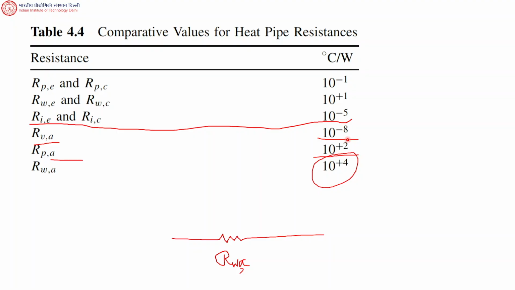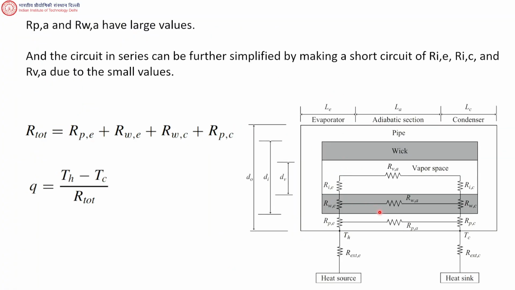Now RPA and RWA are large. So this is large, this is large. That means that the flow in this direction, flow of heat in the axial direction, will be small, right? So we can kind of say that heat flow will go like this. This path and this path, these are blocked. Okay.